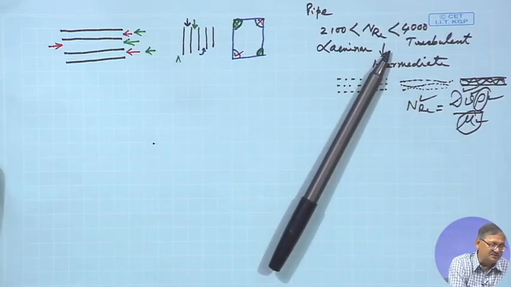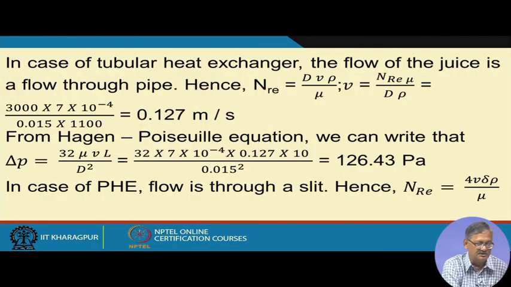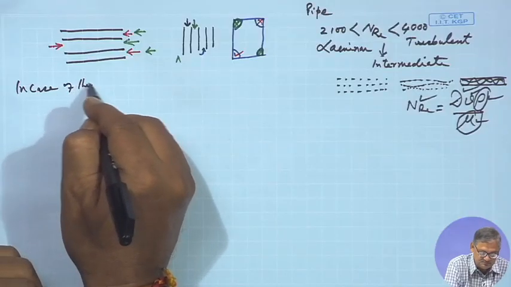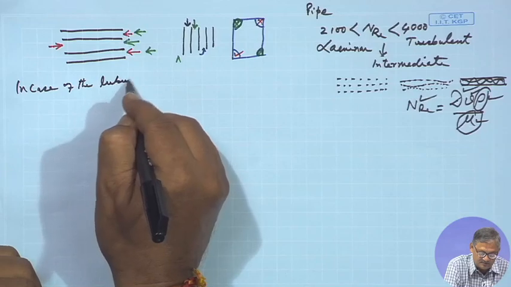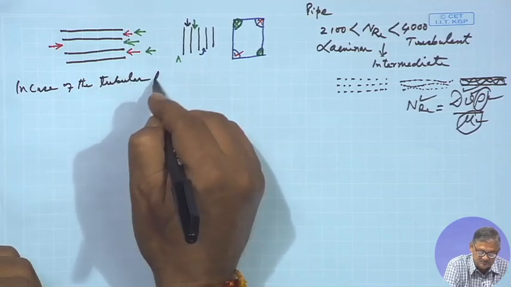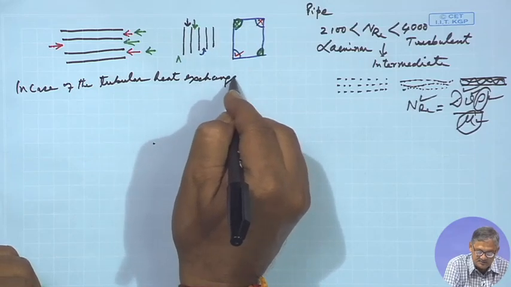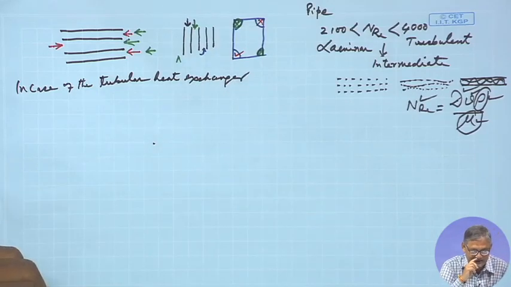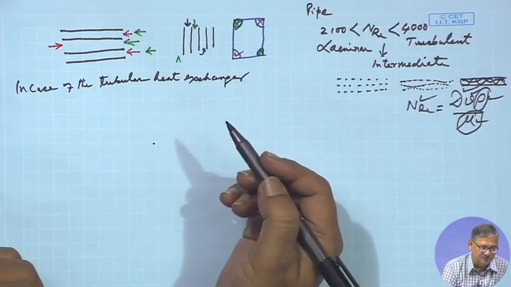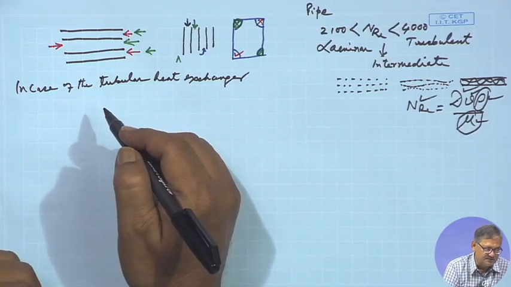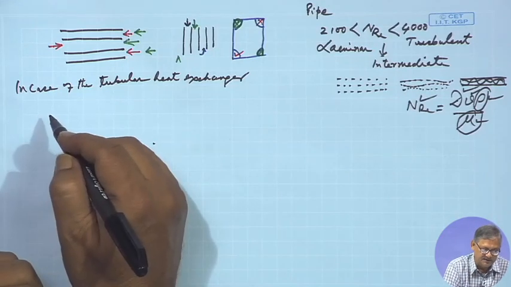Okay. Now, let us come to the problem solution, right. In case of the tubular heat exchanger, the flow of the juice is a flow through the pipe, right?